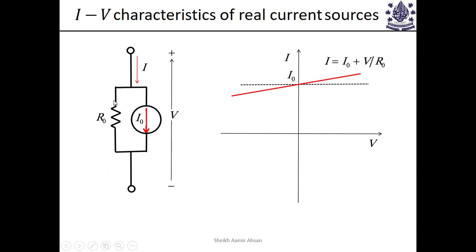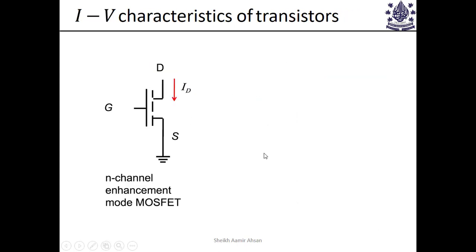It is not ideal because it has this R naught associated with it. If this R naught was infinite, then what you would see is this dashed characteristic here, which would correspond to your perfect ideal current source.